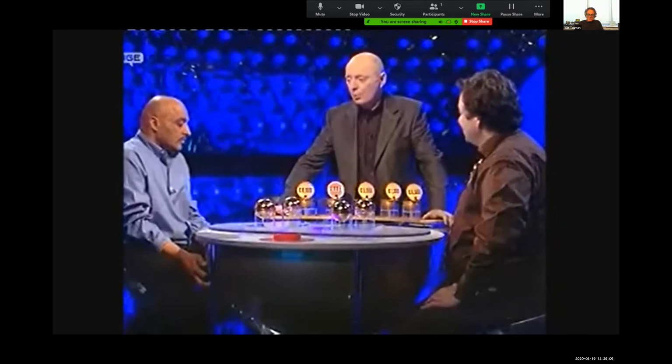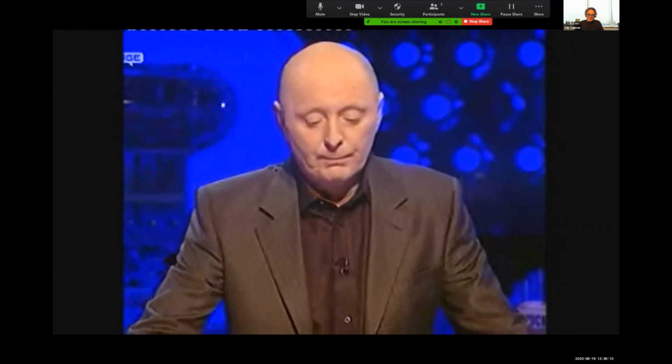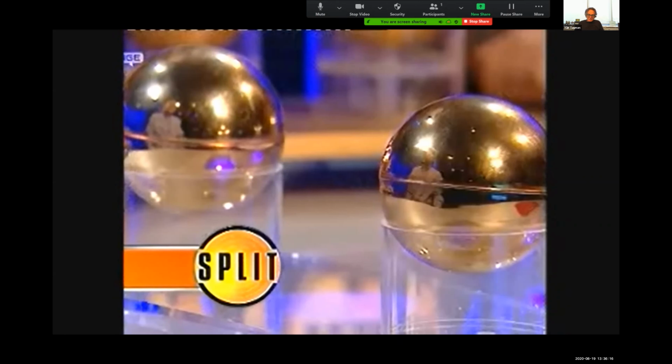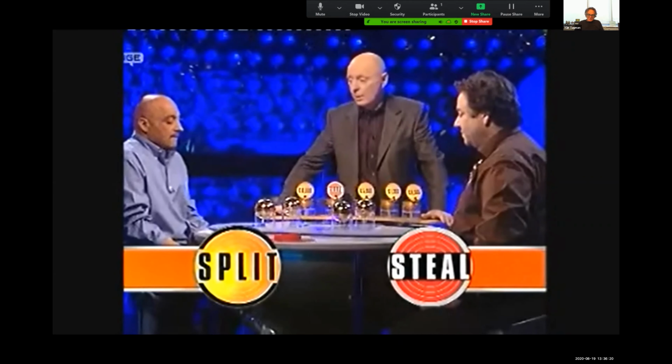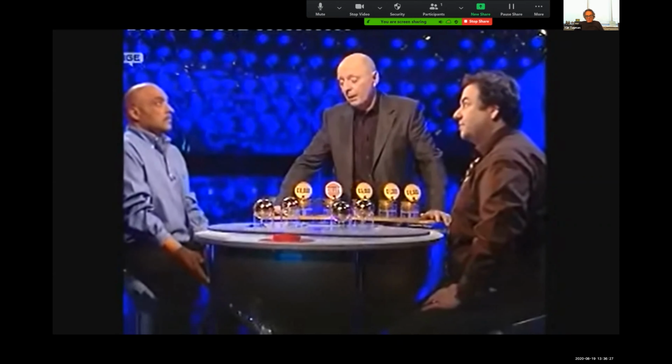Abraham, Nick, you have 2 final golden balls in front of you, and they are the most important golden balls of the game. You each have a golden ball with the word split written inside. You both have a ball with the word steal written inside. You will know which is split and which is steal because you're going to have a look.